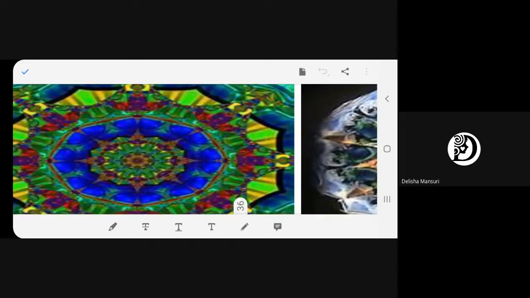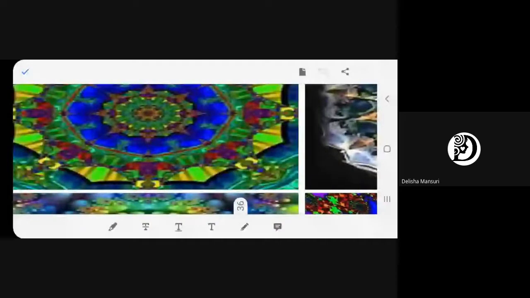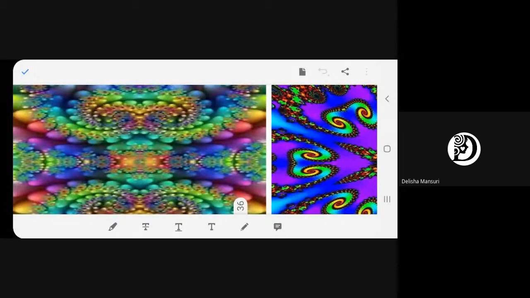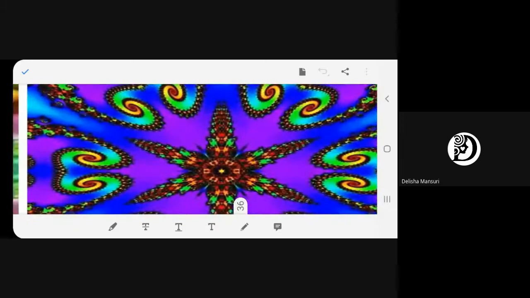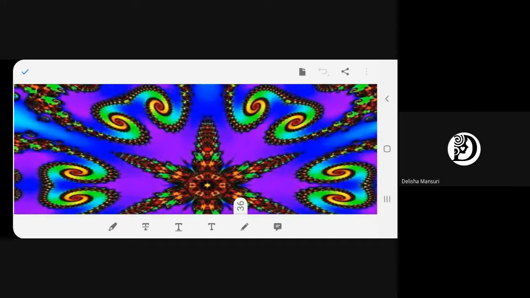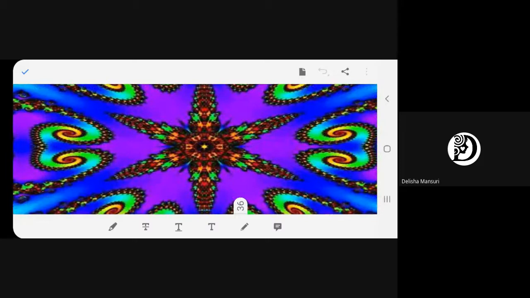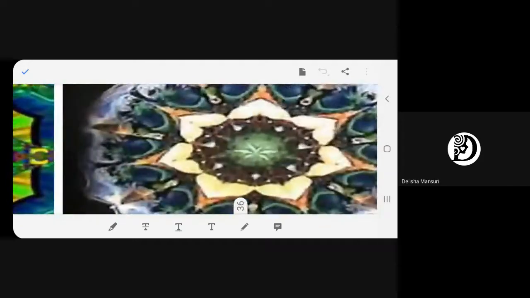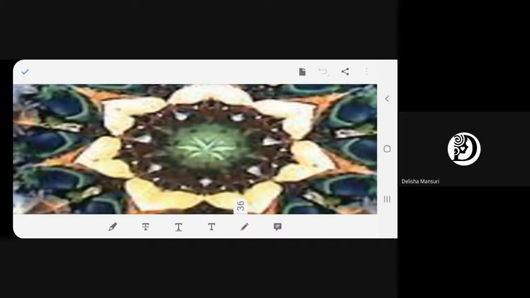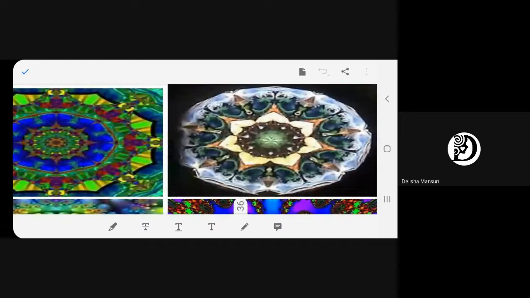Are you happy to see beautiful patterns? I just want to show you. This is the most beautiful one. I like it the best. Lastly, it looks like a diamond. These are all kaleidoscope patterns. Okay?